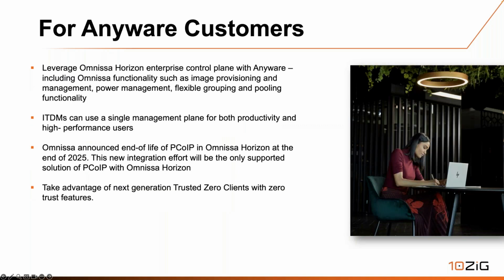For anywhere customers, as Christina touched on, it really is a solution that combines the enterprise grade Horizon control plane. So all of the good stuff that comes with the management of Horizon, such as golden images, automated provisioning, power lifecycle management, and that flexible pool design. And IT managers can manage knowledge workers and power users for each of those types of use cases from a single pane of glass, which is great news.